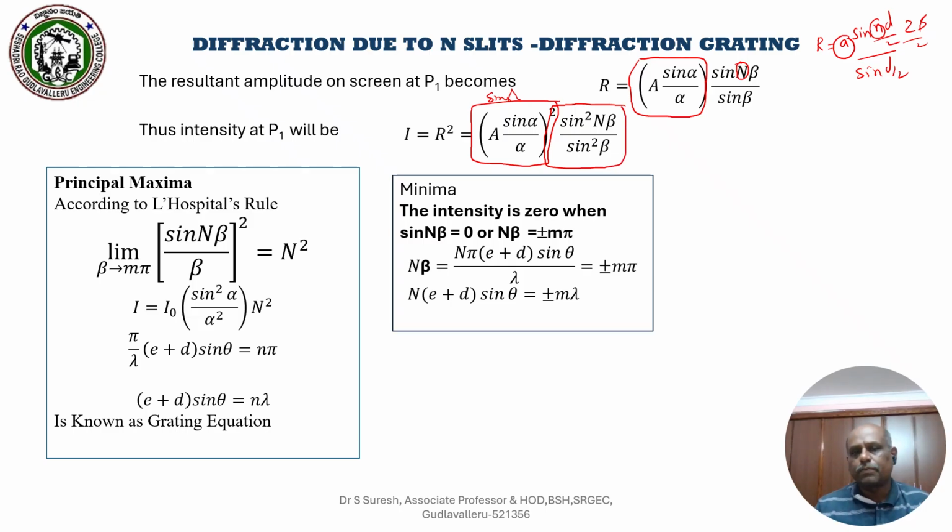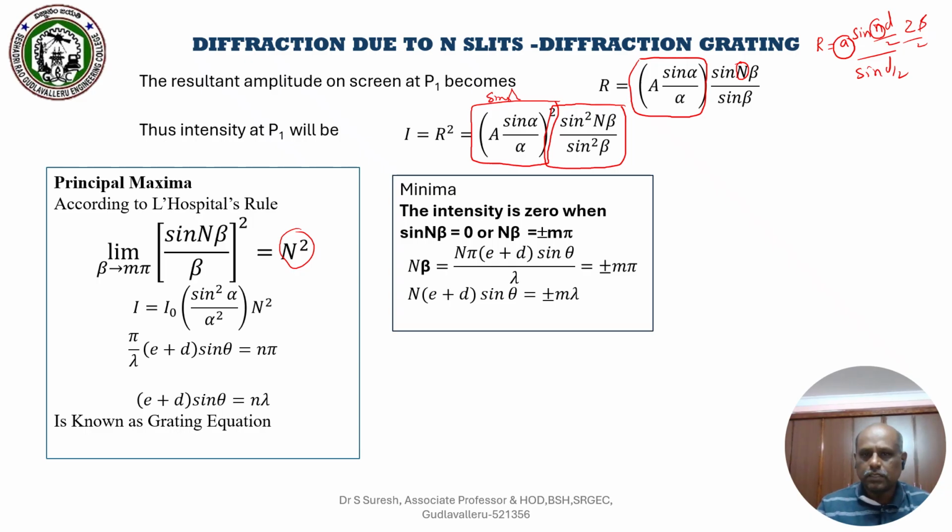So let us look at the principal maxima, when we are able to get this as (A sin α/α) whole square. According to L'Hospital's rule, the limit as β tends to mπ of (sin Nβ/sin β) whole square is equal to N². That means if you apply L'Hospital's rule here, sin Nβ/sin β becomes N, so its square becomes N².